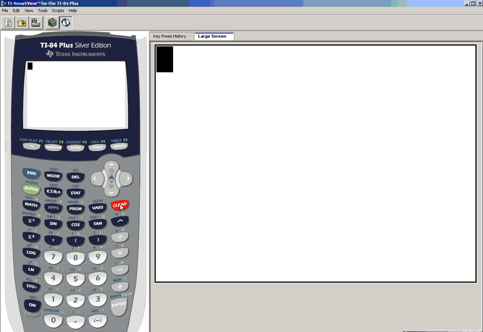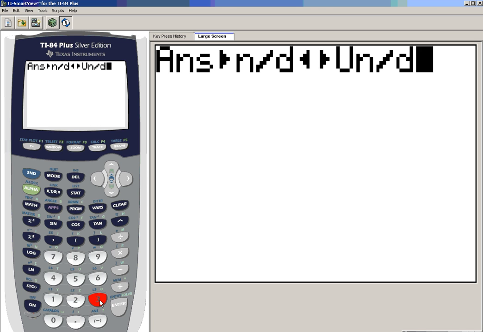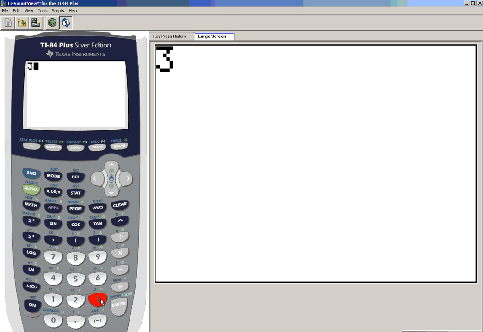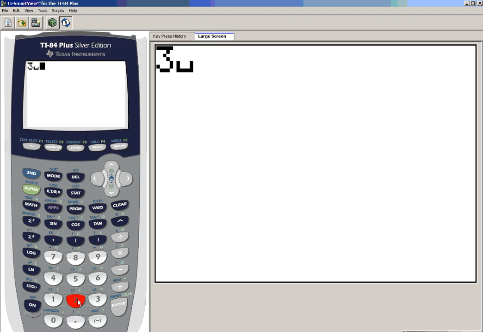Looking at this on the calculator, these 3. 3 and 5/6. If you hit alpha and your y equals, that pulls up a fraction menu here in the graphing calculator. We want to select our mixed number, which is number 2. So to do this, we want to first enter in our whole number, hit alpha, y equals, select number 2.